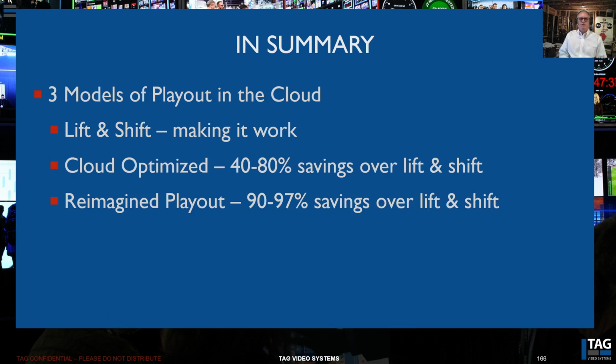This is where most customers are today, making it work, trying to make cloud playout work, and using a lot of familiar technologies and familiar systems that they're comfortable with. And then we optimize those, and we can get 40 to 80% savings if we really do it well. But if we really reimagine it, we'll go from being half the price of lift and shift to 3% of lift and shift. That's a huge difference. And that's what's possible.